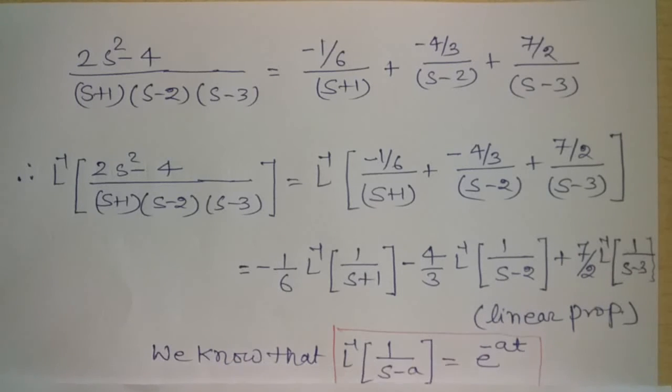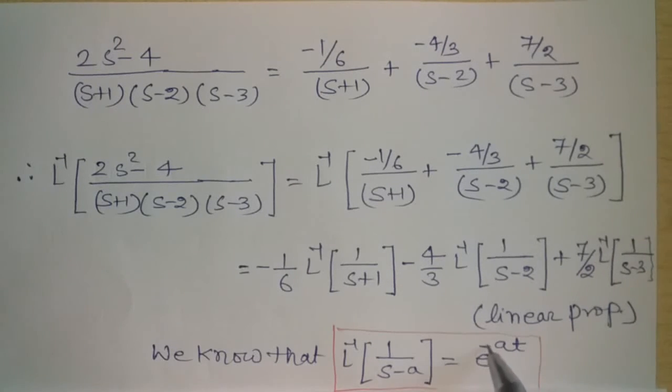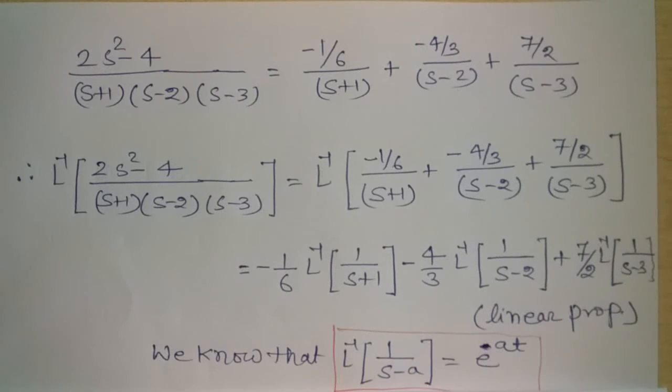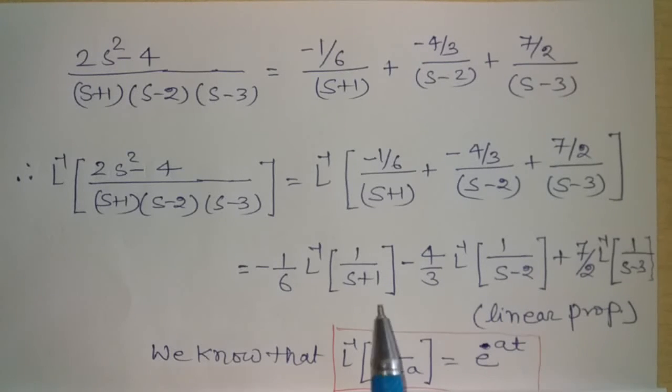Now as we know, the inverse Laplace transform of 1 upon s minus a is e raised to at. So here we have 1 upon s plus 1. So inverse Laplace transform of 1 upon s minus minus 1 is e raised to minus t.